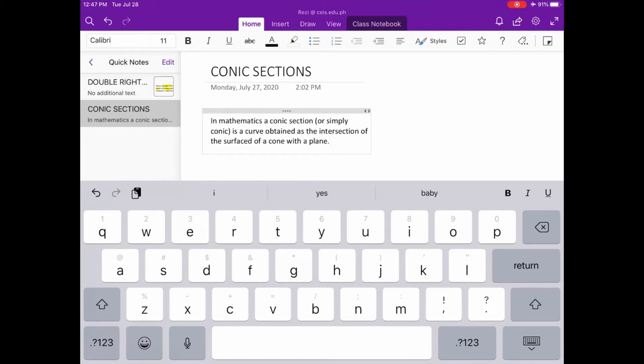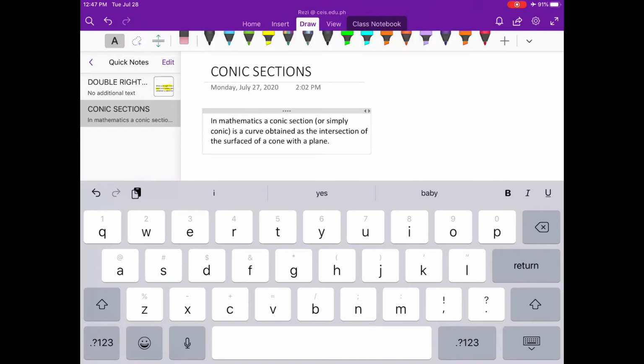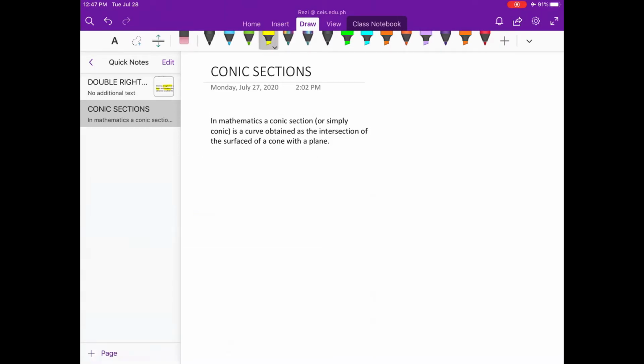So let's try to highlight some words, like intersection. It is obtained by the intersection of two things, which is the surface of a cone and a plane.